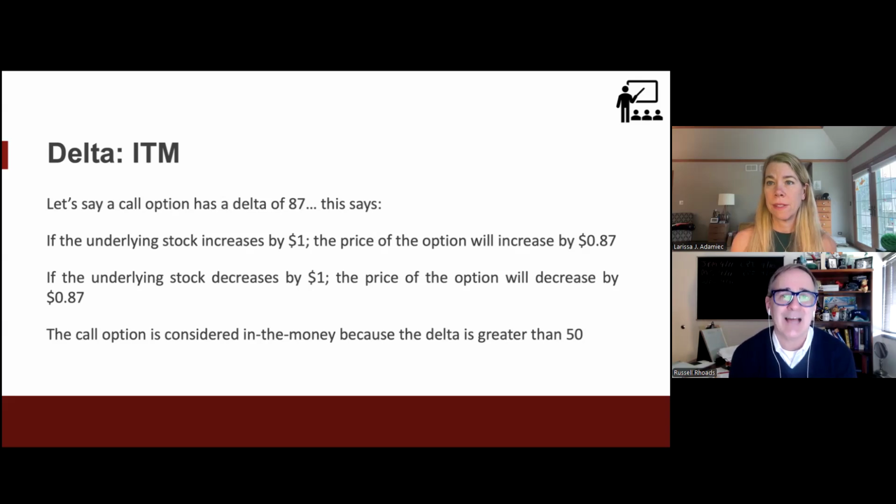I think the logic is the same as what you're saying. One of the nice things about a deep in the money option is there's not a whole lot of time value. If you had a premium on this option with a delta of 87, actually, I'm looking at a stock option, I just happen to have a quote screen up, about 20 cents of time value.